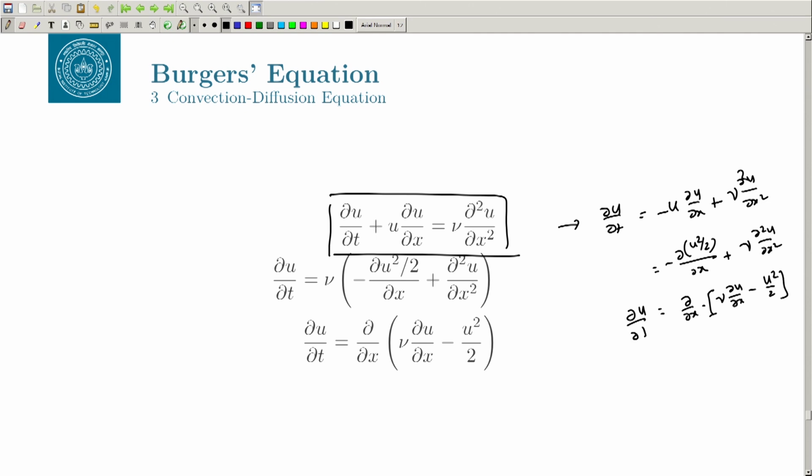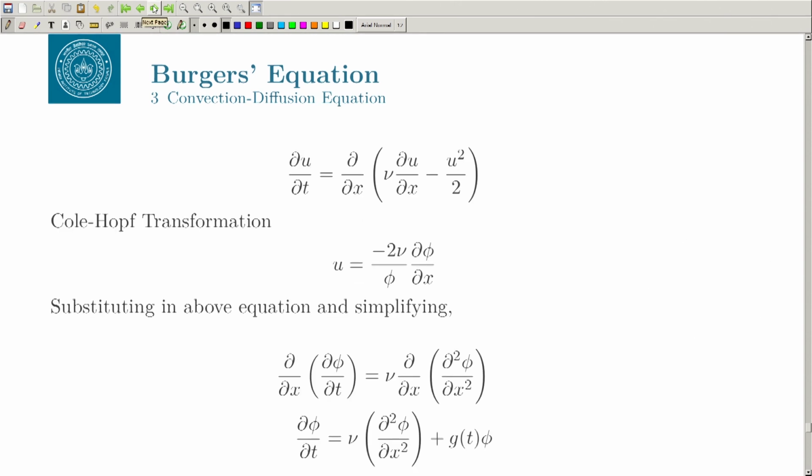So, you can cast your Burgers equation like this, okay, and then we will use something called the Cole-Hopf transformation. Why are we using this transformation? Because you want to get the theoretical solution for this problem, okay, and it is possible to do that under certain conditions.